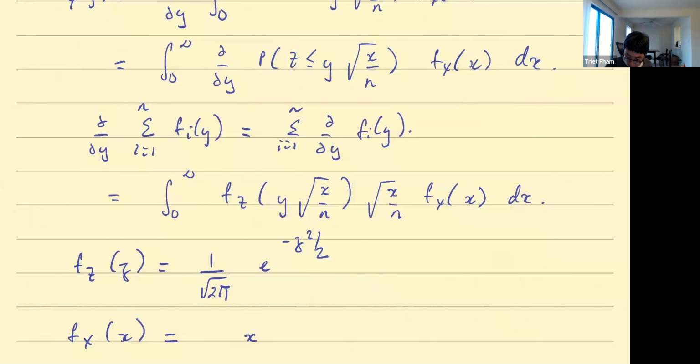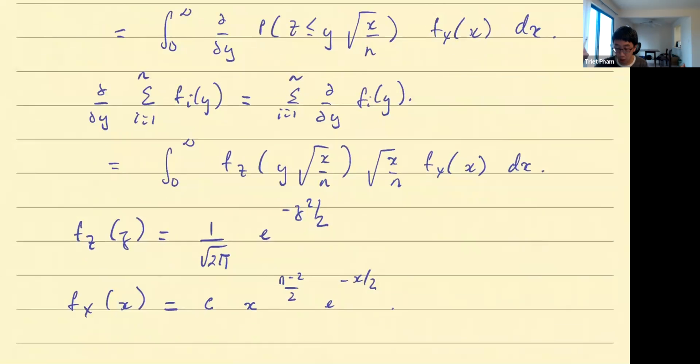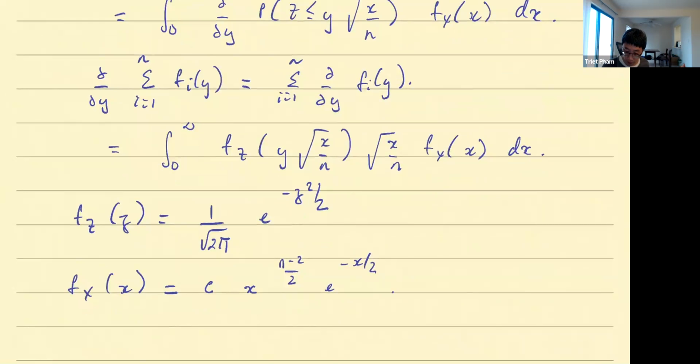So I'll ignore the constant for now. It's going to be x to the (n minus 2) over 2 times e to minus x over 2. The constant in front is some kind of gamma. We do not care for the constant because we just want to get at the structure, the form of the t distribution. The constant comes later.